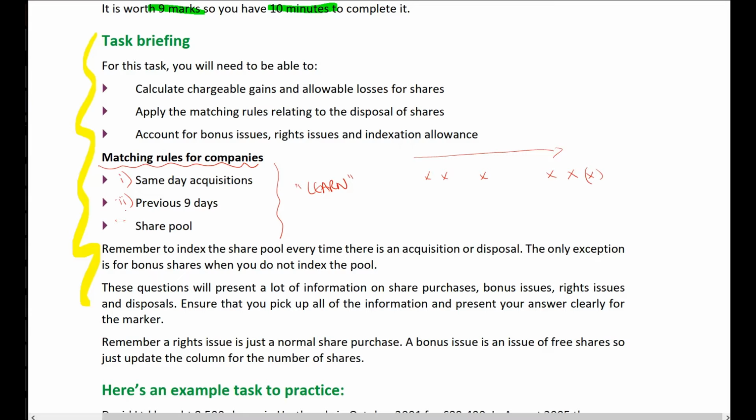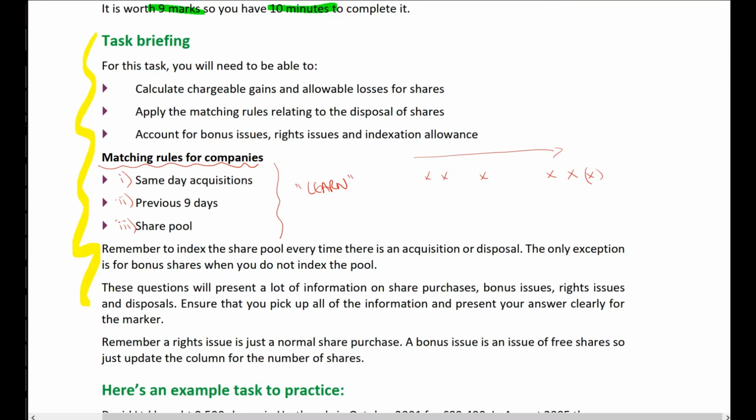So how many did I buy in the previous 9 days? And then after that, I would say, okay, well, I've matched to the same day, I've matched to the previous 9. What about the share pool? I must have disposed of something out of my share pool. So they're the matching rules that we're going to be using. They're very important, and I'm going to be talking about those as we make our way through this question.